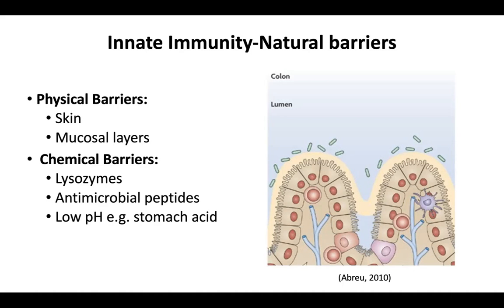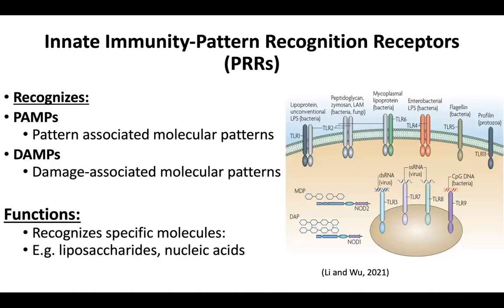However, if they do get in, we do have things that work against them. The first thing that will work is the pattern recognition receptor, or PRR. These receptors come in many flavors. Don't worry too much about the names.